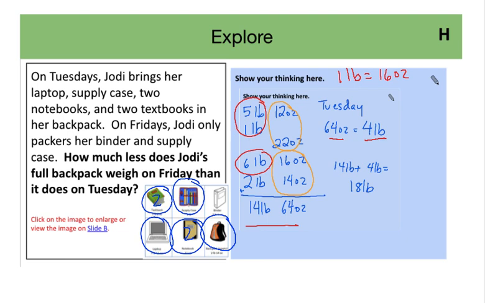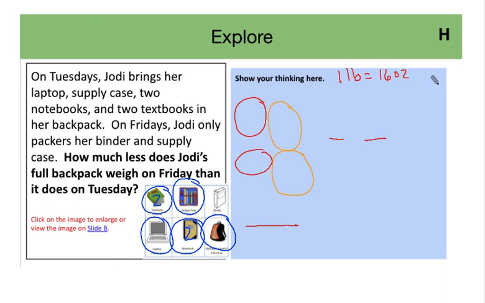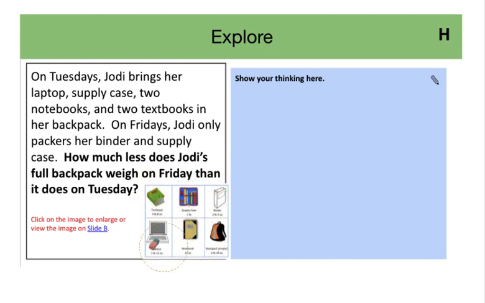All right, now the second part was I had to figure out how much her book bag weighs on Fridays. From the looks of it, she's carrying a lot less. So I'm hoping Jody has a better day on Fridays. So let's see how much it weighs on Friday. I'll just erase all this here. So let's see what she carries with her on Friday first. On Fridays, Jody only packs her binder and supply case.